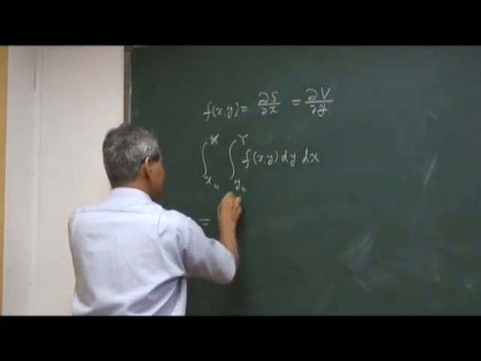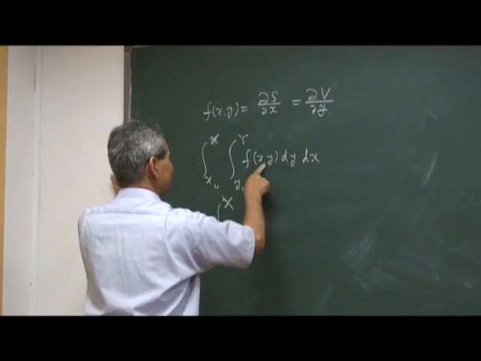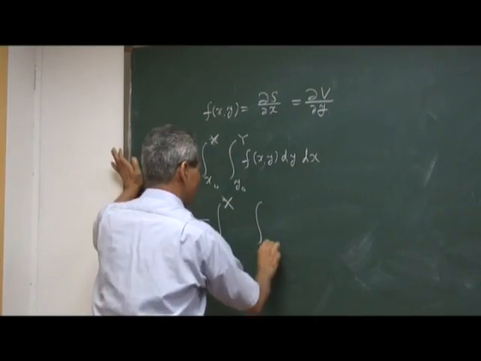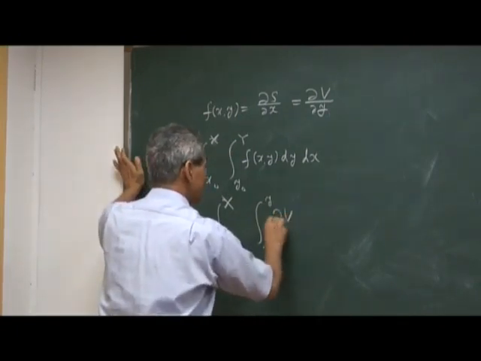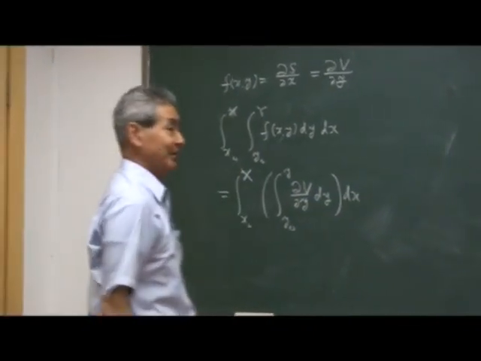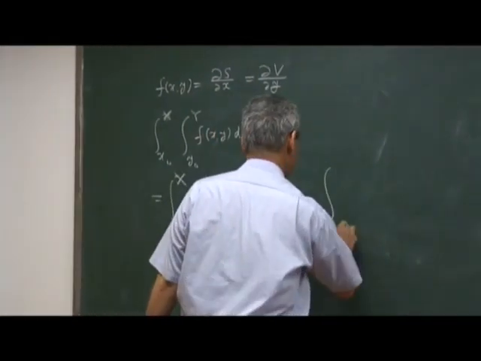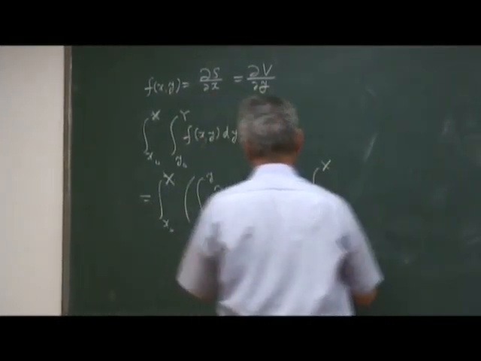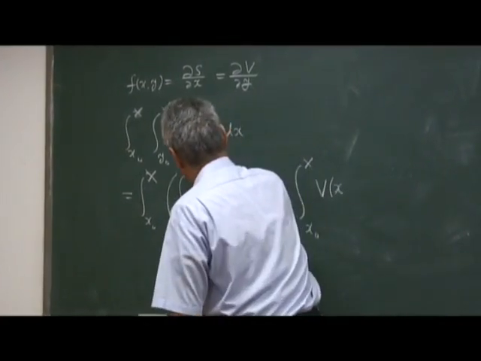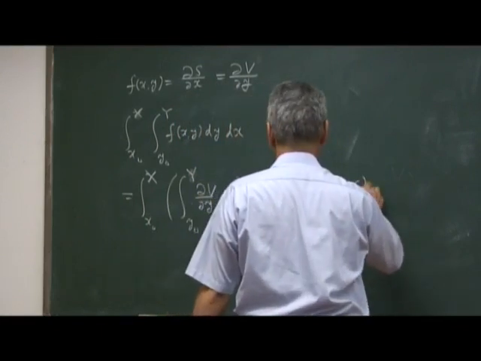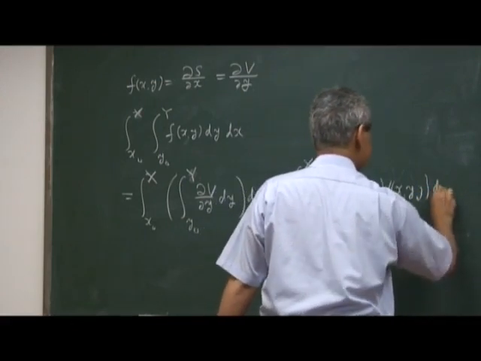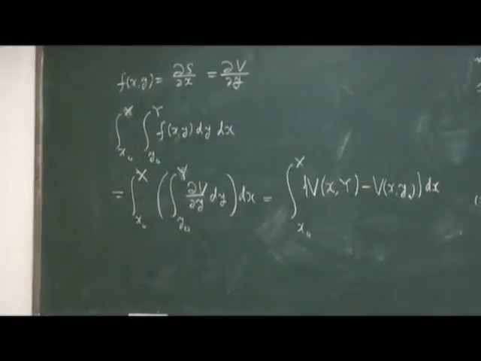This gives you df this way. So you can write the integral over y0 to y of dv/dy, and then dx. Then of course this can be easily integrated so that you get v(x,y) minus v(x,y0) and dx. This is the left-hand side.